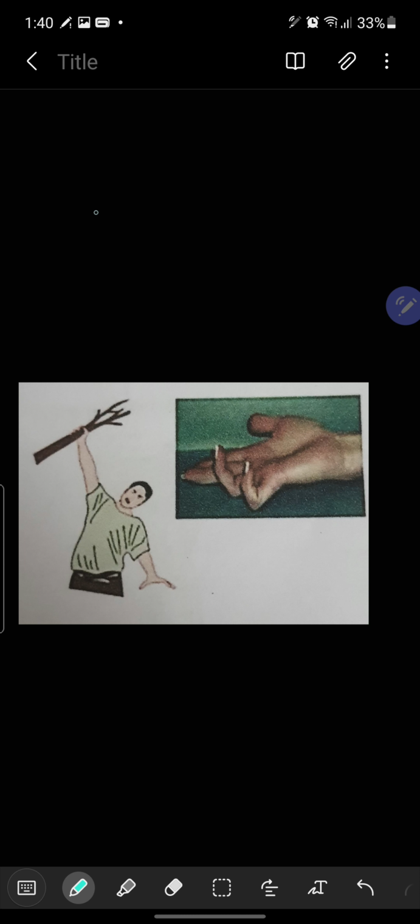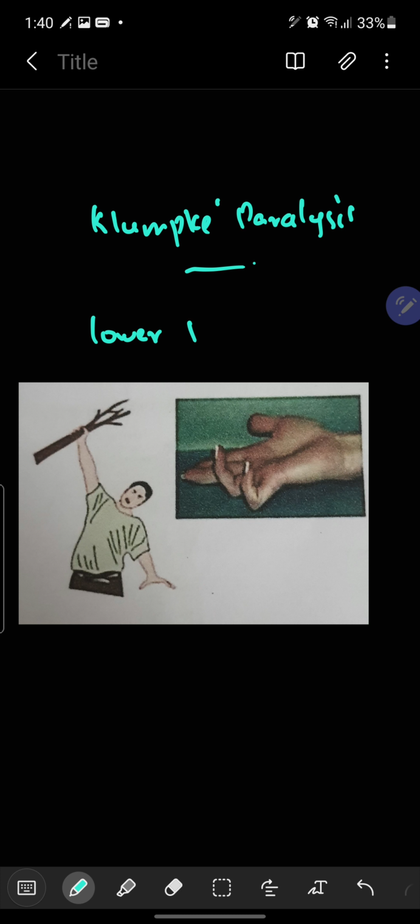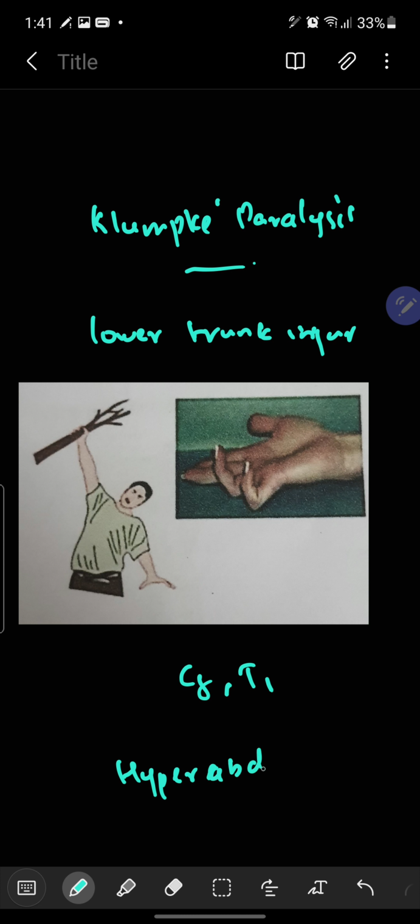So next I will be discussing Klumpke's paralysis. So what is the cause of this Klumpke's paralysis? It is due to lower trunk injury, that means C8 and T1. Now what is its cause? It is hyperabduction.